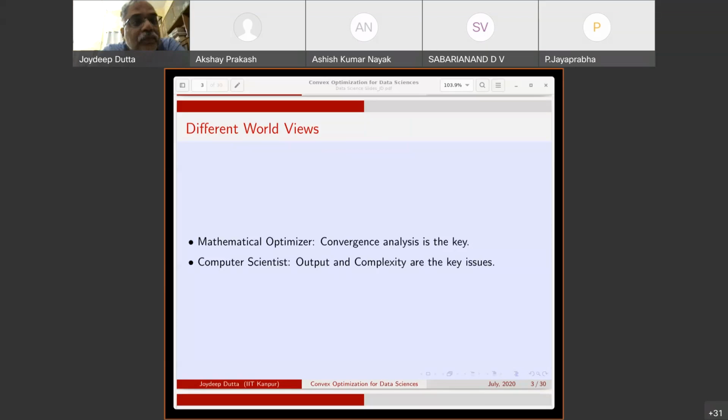This will always exist, because if you have a lower bound, the approximate minimizer will always exist. So computer scientists are more interested in devising an algorithm which will go in polynomial steps, meaning in reasonably less amount of time, or less amount of steps, or with less amount of iterations, it will reach this point.